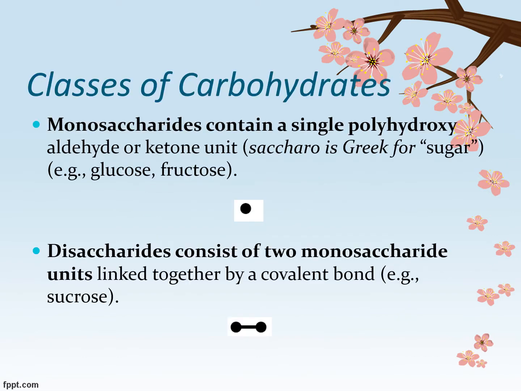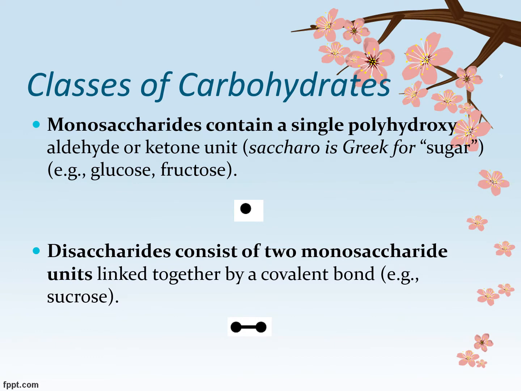So the first class of carbohydrates is monosaccharides. So monosaccharides contain a single polyhydroxyaldehyde or ketone unit. The word saccharide comes from a Greek word which means sugar. So examples of monosaccharides are glucose or fructose.